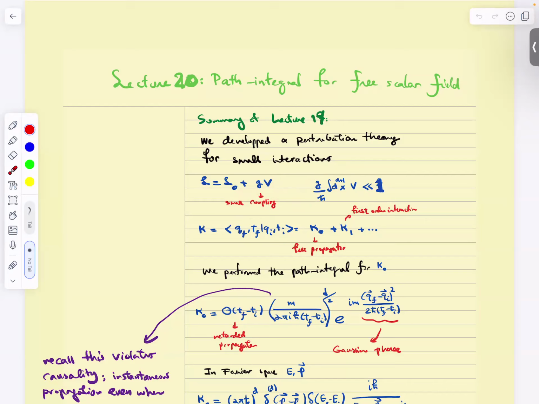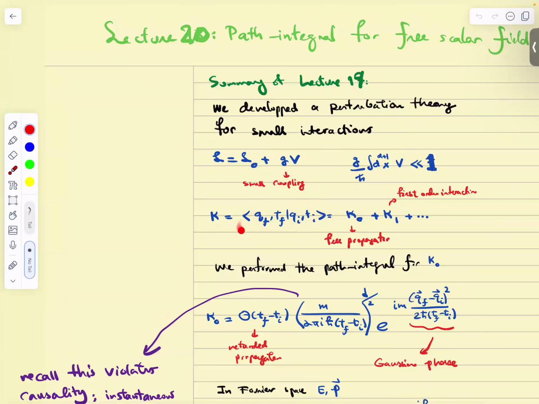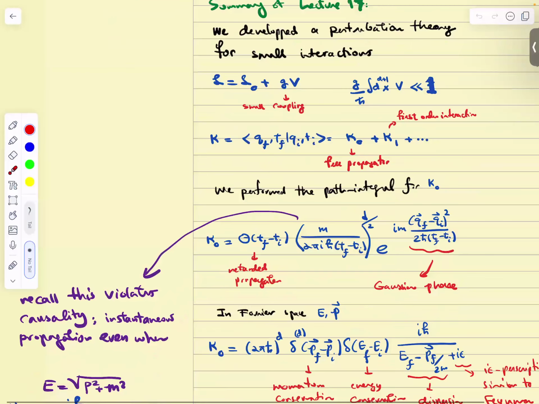In the first order perturbation, here's what the propagator is. Of course, in this perturbation theory, there will be a free part, the free propagator K0 that we calculated. There will be a first order contribution of the interaction. We calculated the free propagator using the path integral explicitly, and this is what we found before doing any Fourier transform.